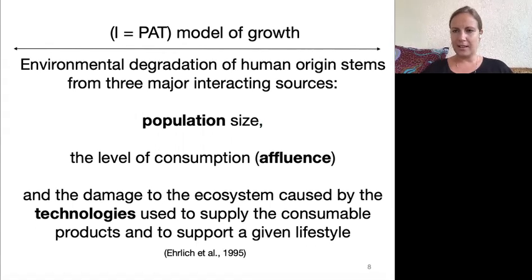So while the validity of expressing environmental impact as a simple product of independent factors, and that these factors should be included in their comparative importance, has been a subject of debate among environmentalists.